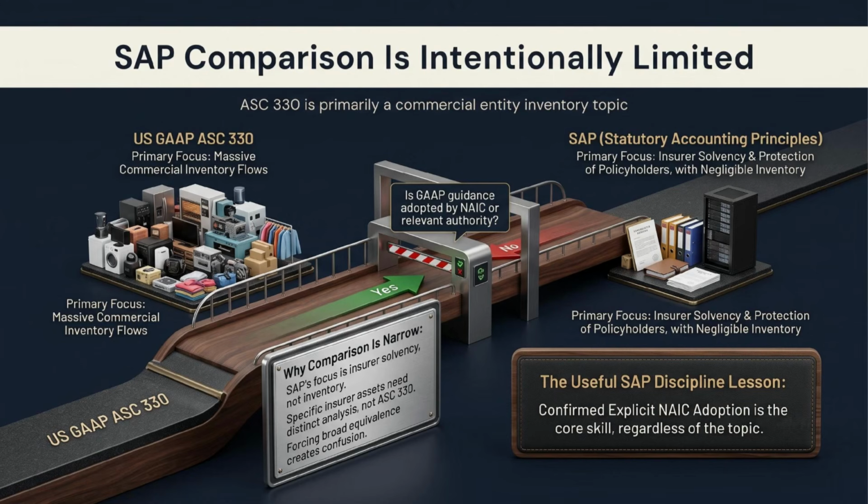Commercial inventory is not usually a core insurance balance sheet item, so forcing a broad SAP comparison here would create confusion rather than clarity. The useful discipline is this: always check whether a particular GAAP standard has been adopted for statutory reporting before assuming the treatment is the same. That habit is valuable even when the direct topic comparison is narrow.